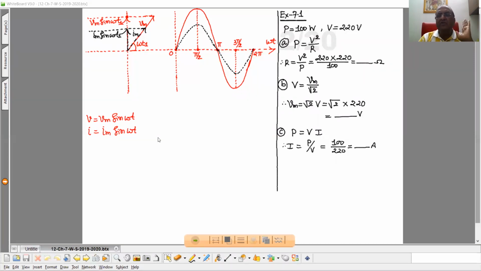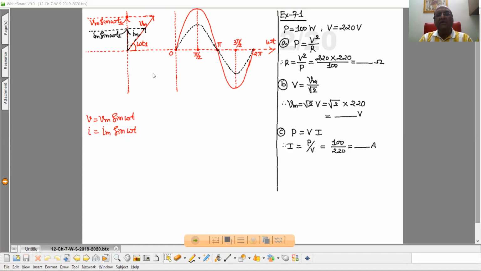The magnitude of this vector should be equal to the maximum value of voltage, and for the vector representing current, the maximum value is Im. So see here, this red vector represents voltage and this black one represents current. At time t1 the phase is omega t1.